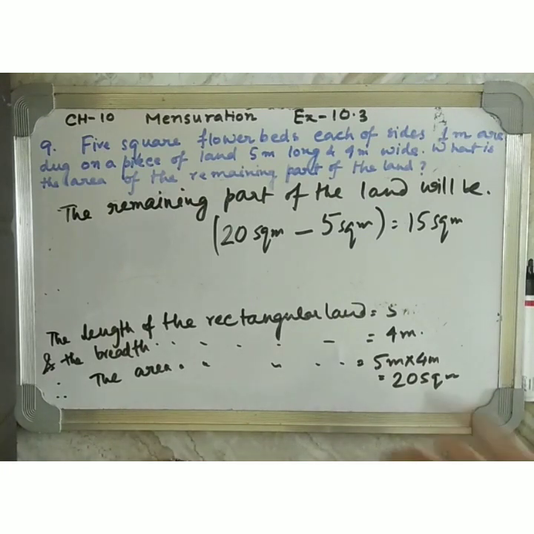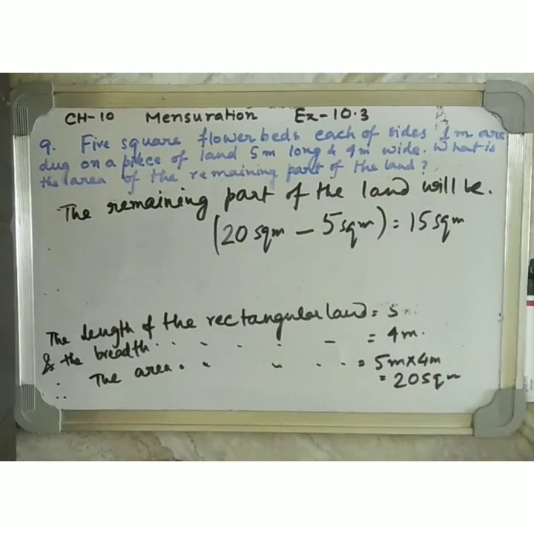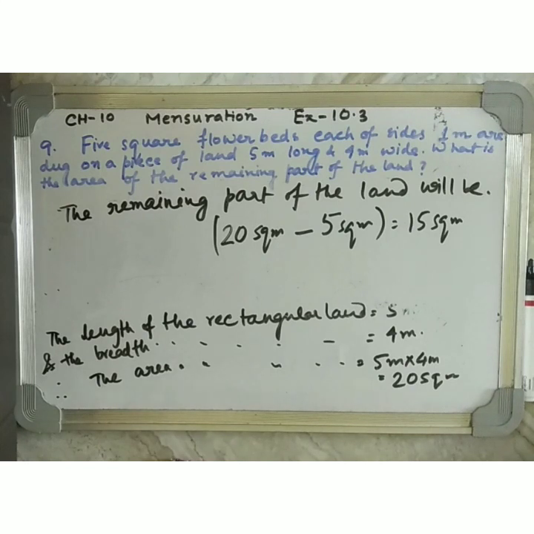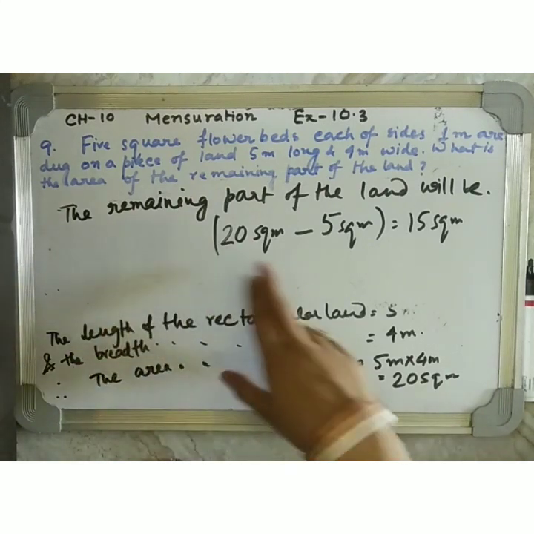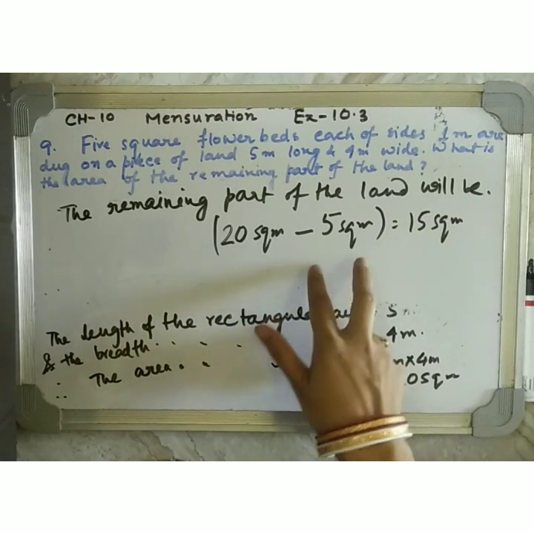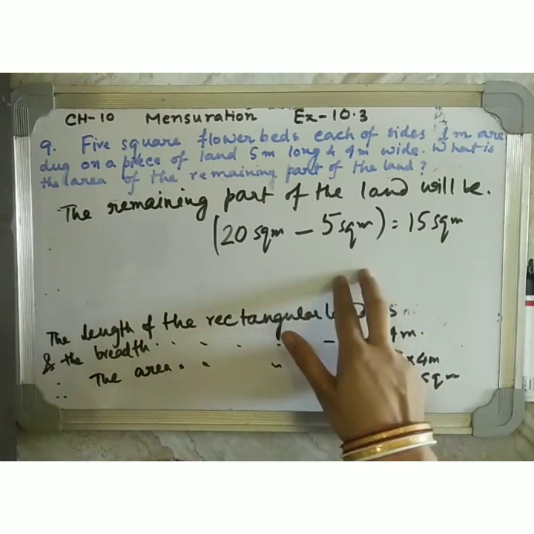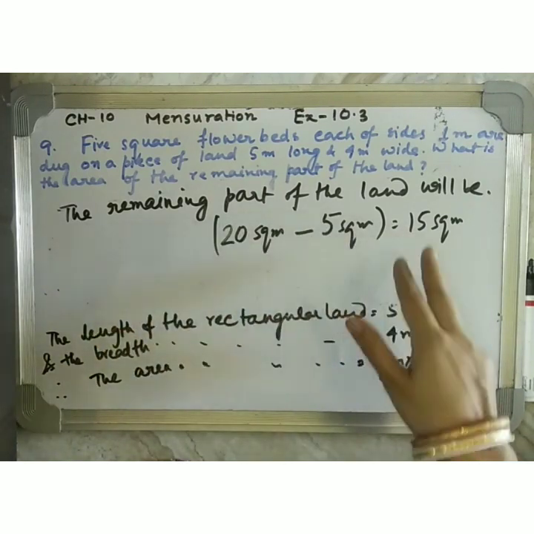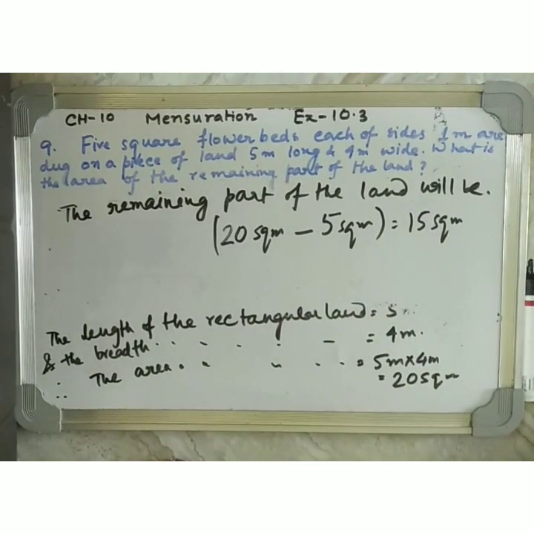Okay, now we know the area of the 5 square flower beds and the area of the total rectangular land. Now we have to know the remaining part, and how to know this? From the total area of the land we have to subtract the 5 square flower beds. Okay, this is the sum, very easy. Now let's come to the next one.